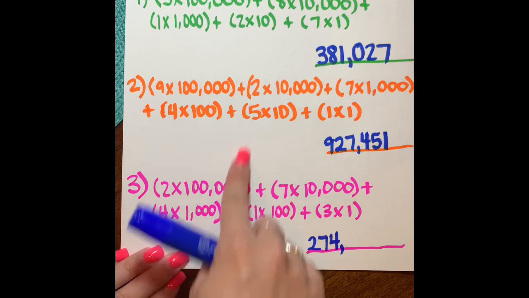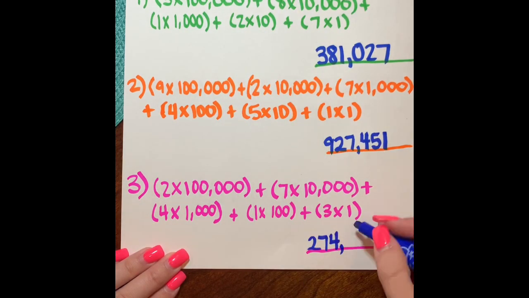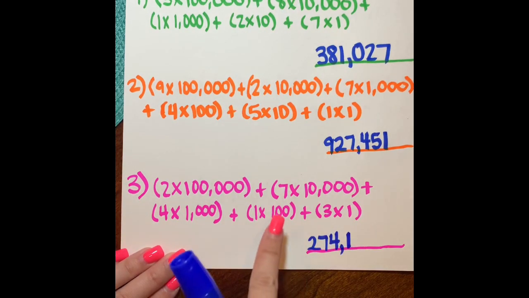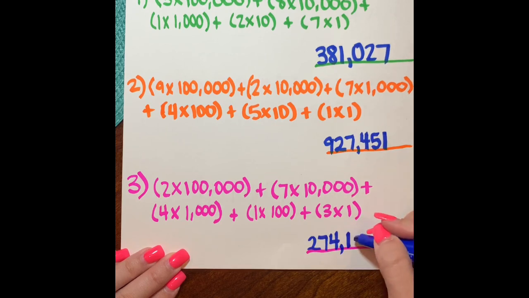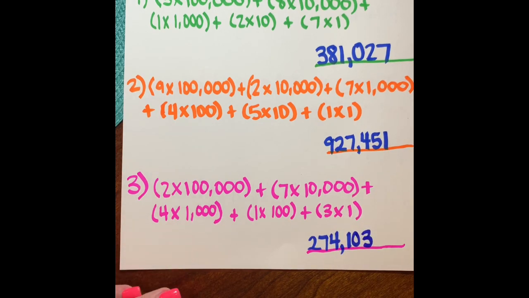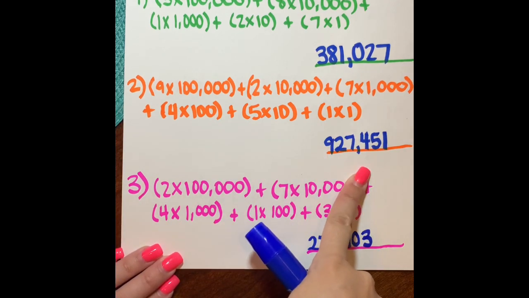Is there a 100 spot next? Yes. 1 will go there. Now I have 3 times 1. Uh-oh, they skipped tens. So I'm going to assume it's a 0. 3 times 1 is going to be 3 to give me my final number. So I've gone from expanded form to standard form.